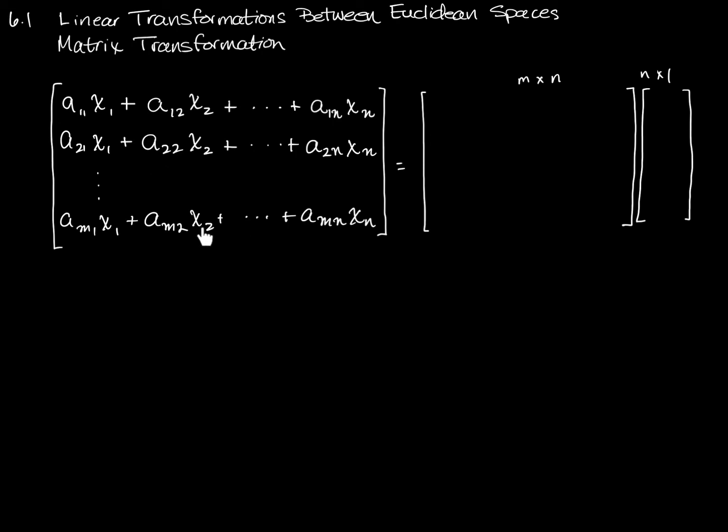And we've seen this before. Let me add a few more dots here. We've seen this before. This is just backwards matrix multiplication. And so what kind of matrix multiplication might I have to do to get this? Well, the matrices that I would have to multiply together would be these.